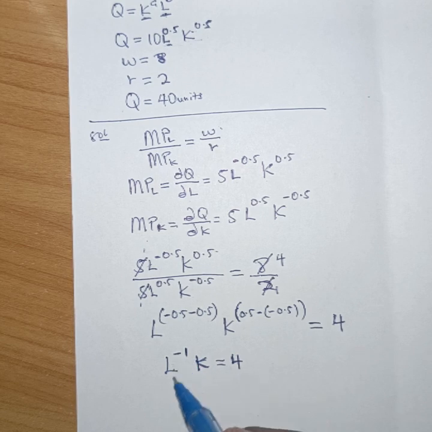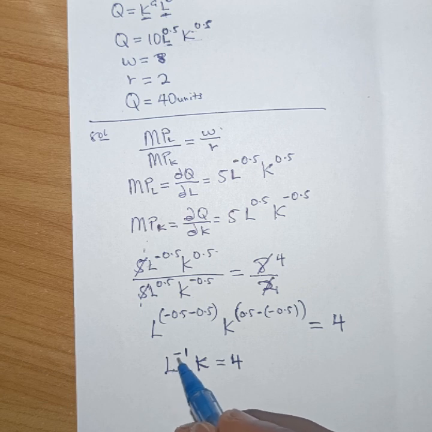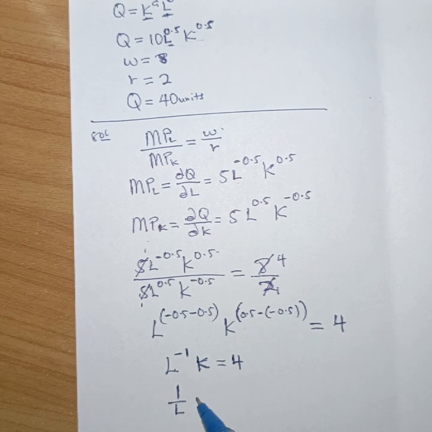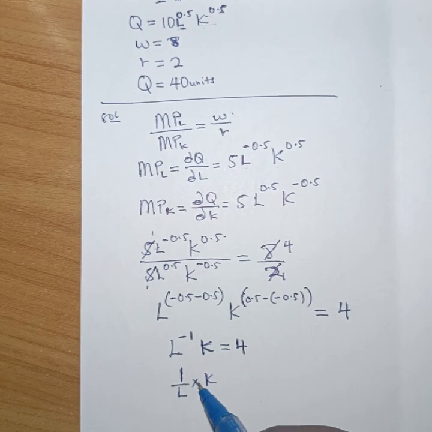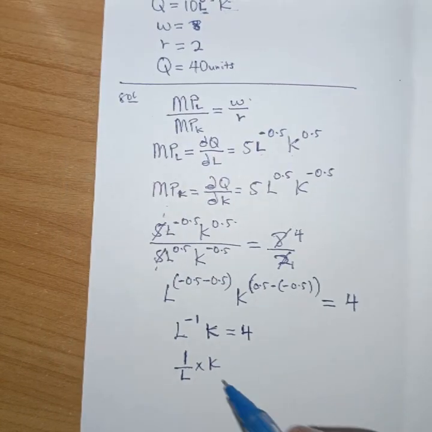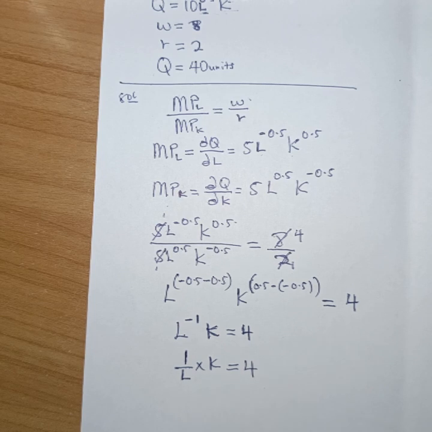Fraction. So if you convert L to the power negative 1 to a fraction, you're going to get what? 1 over L, times K. You know this K is multiplying. So times K, which equals 4.